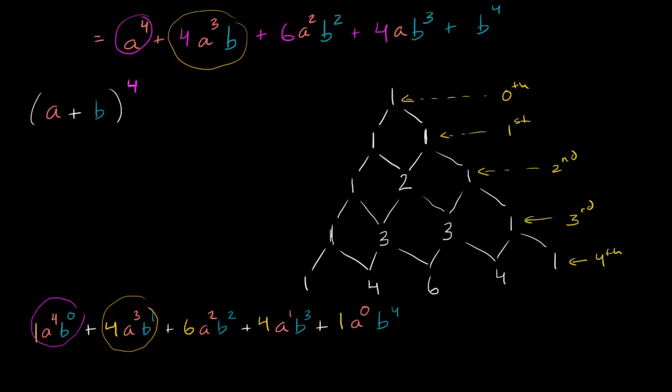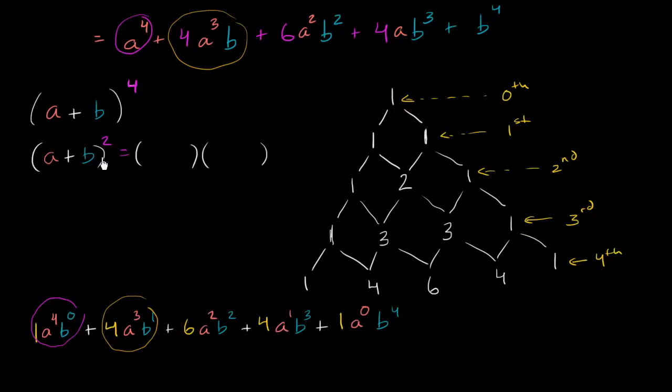If I just were to take a plus b to the second power, this is going to be, we've already seen it, a plus b times a plus b. So let me just write that down: a plus b times a plus b.